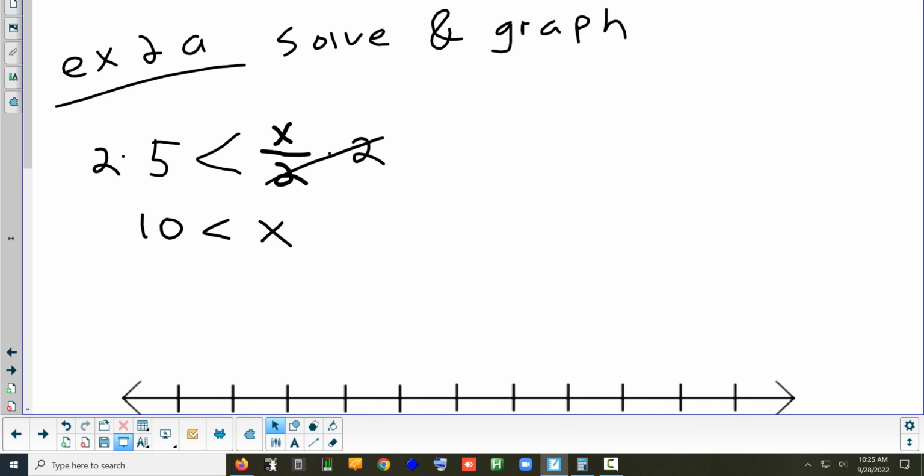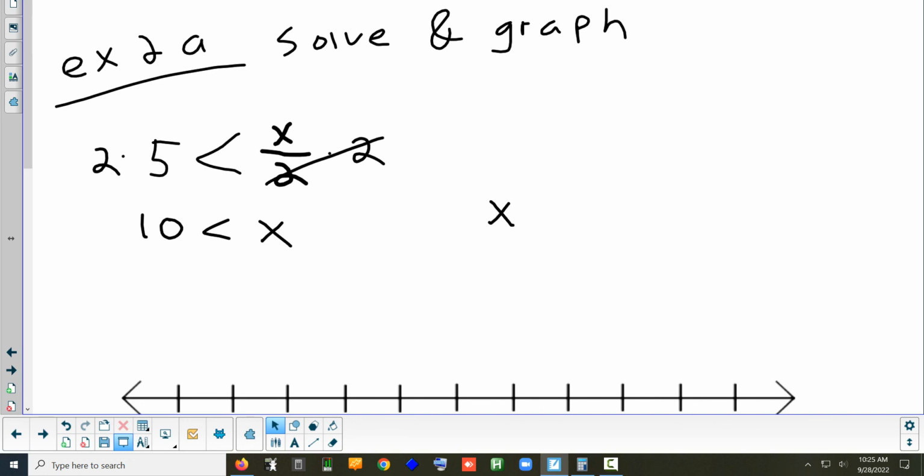Now, let's look at what we have here. 10 is less than x. Is that the way we like to set it up? How do we like to set it up? Yeah, we like to put the variable on the left.